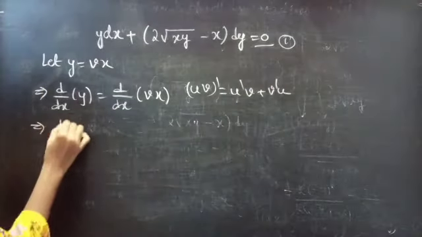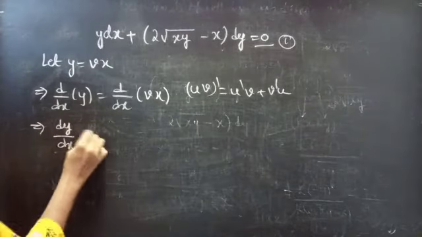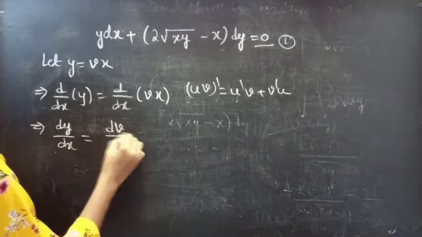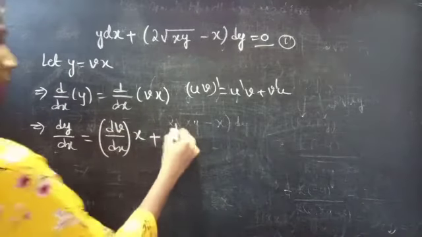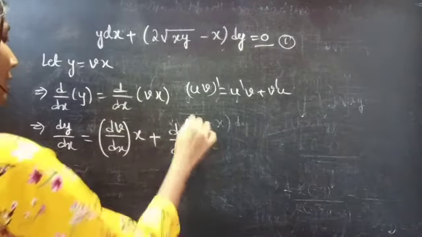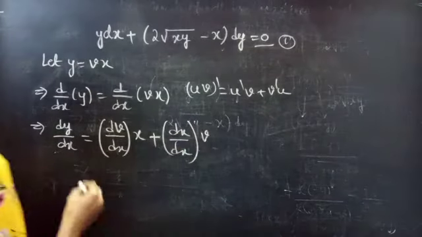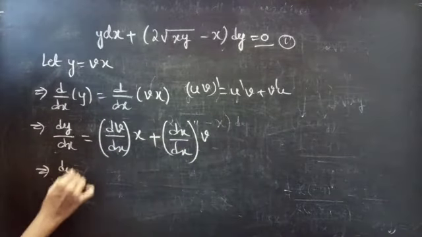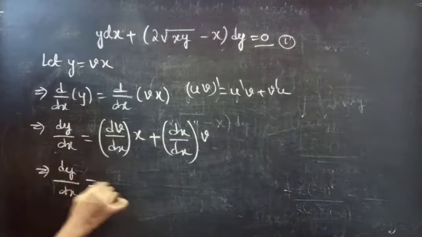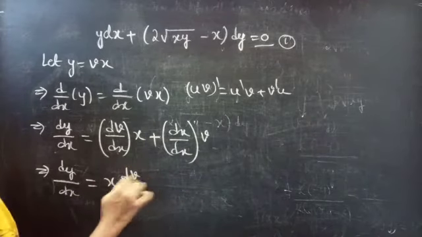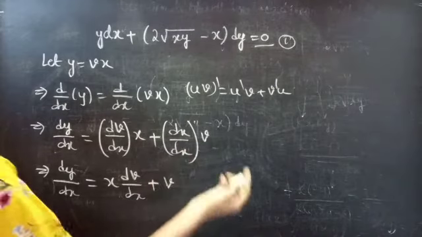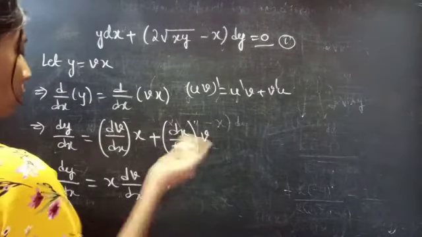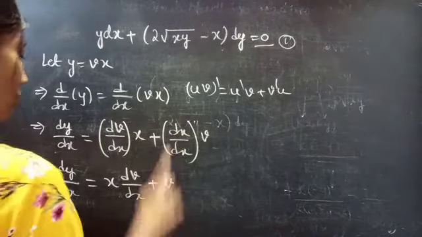Then this becomes dy by dx equals to dv by dx into x plus dx by dx into v. Then dy by dx equals to x into dv by dx plus v. The derivative of x with respect to x is 1, so you'll get 1 into v is v.